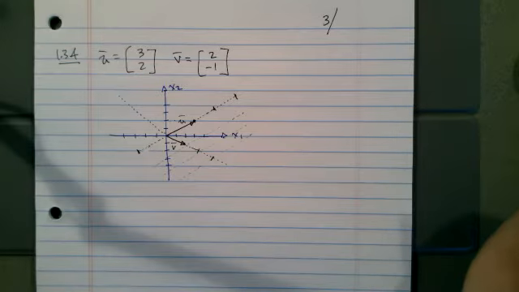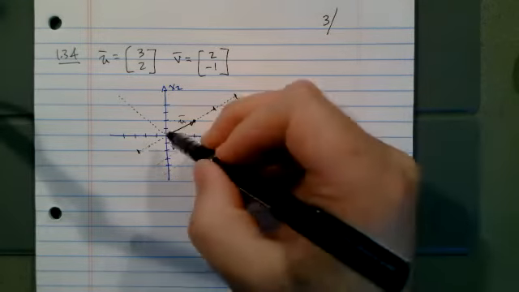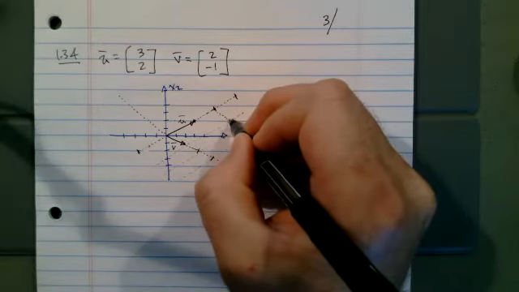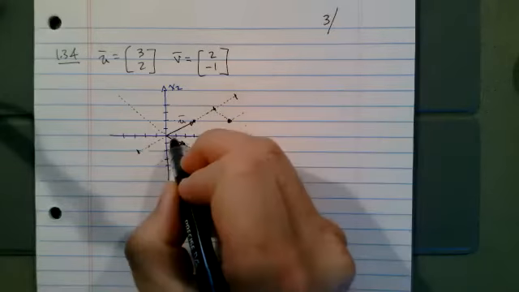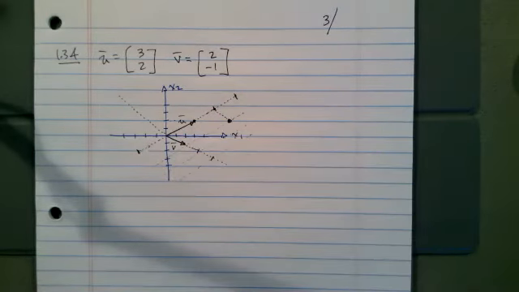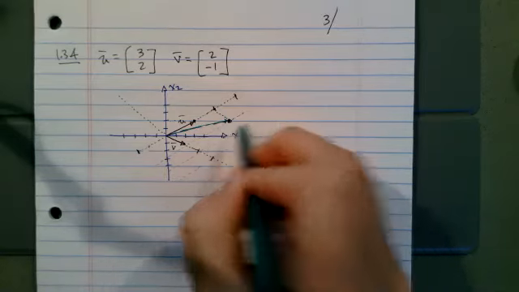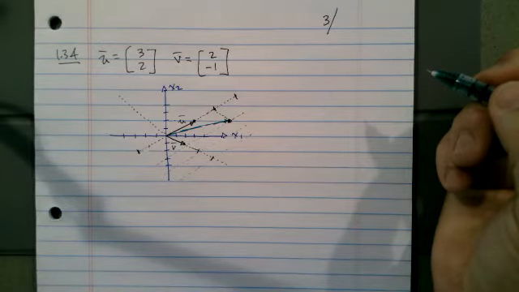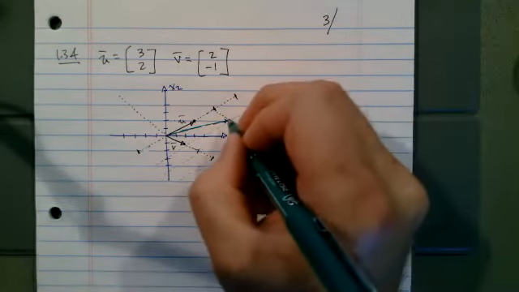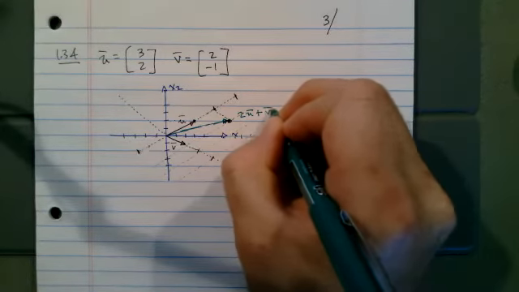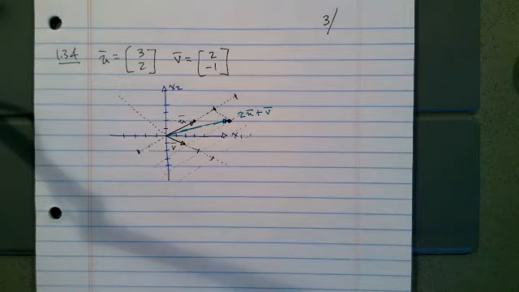So if I wanted to draw the graph of 2U plus V, I would go 2U and then plus V. And so that would be this vector here, the green vector connecting the two ends of the parallelogram. That's what we're talking about geometrically.